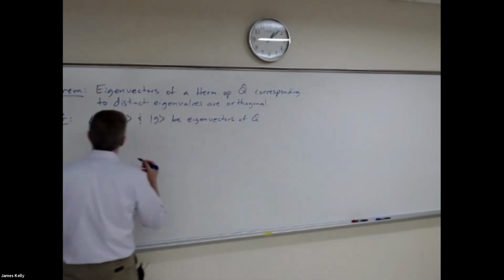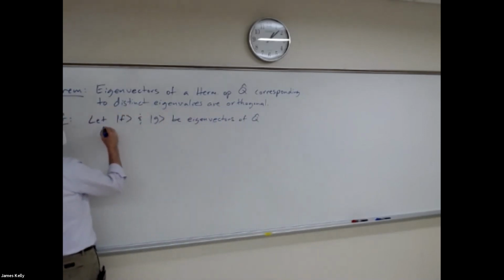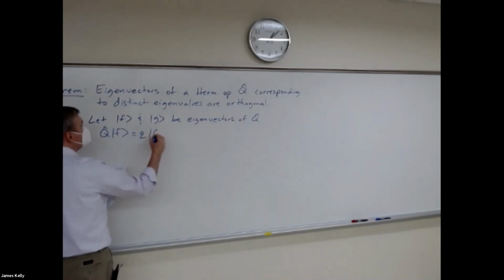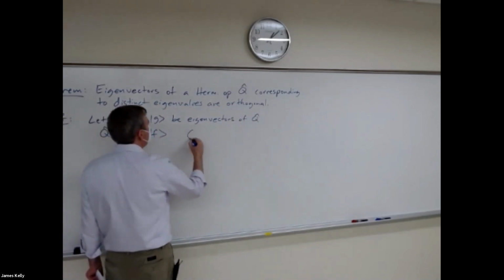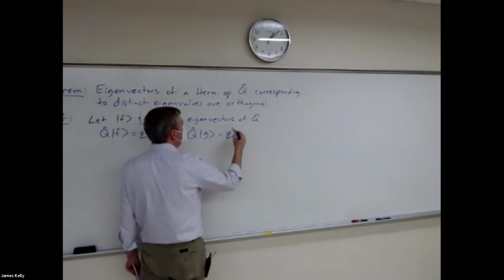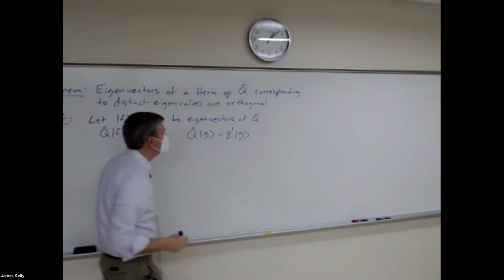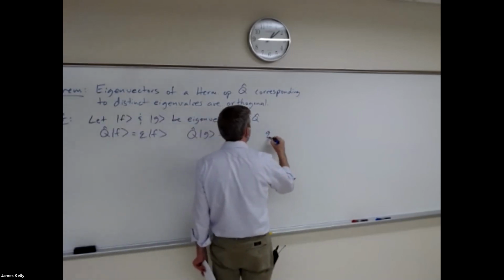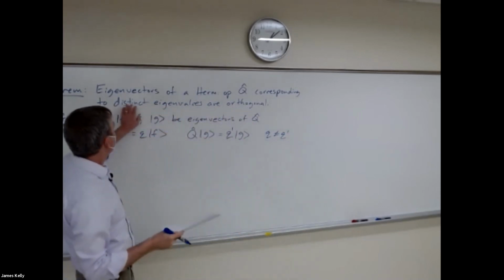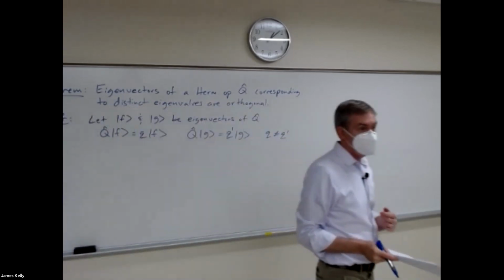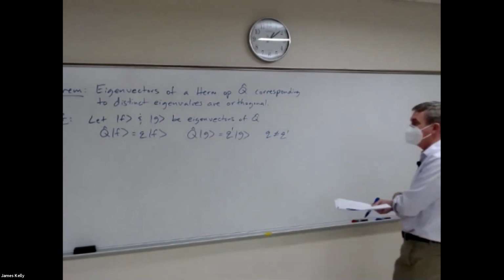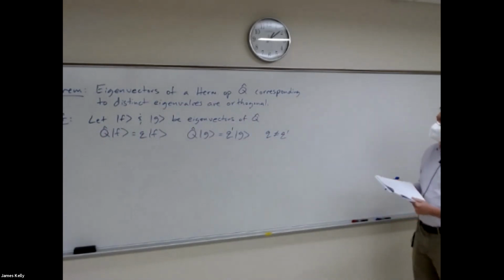What that means is we're going to assume that Q acting on F is equal to some number q times F back again, and Q operating on G is some other number q prime multiplying G again. And we're going to assume that q is not equal to q prime. In other words, we're interested in what happens when there are distinct eigenvalues. If they're the same, we may be taking the inner product of a function with itself, and in that case it's probably not going to be orthogonal.